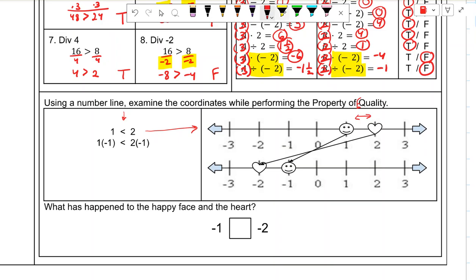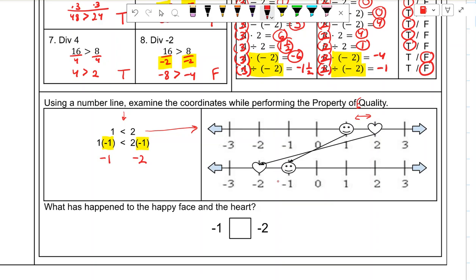But when you multiply both sides by a negative, just like the equality rule says up above, something changes. It commands each of the original numbers to become their opposites. So 1 times negative 1 is now negative 1, and 2 times negative 1 is now negative 2. Well, when that happens, the heart and the happy face are actually changing positions.